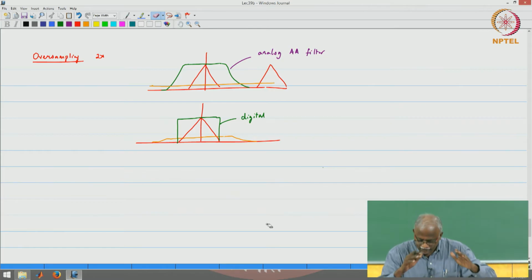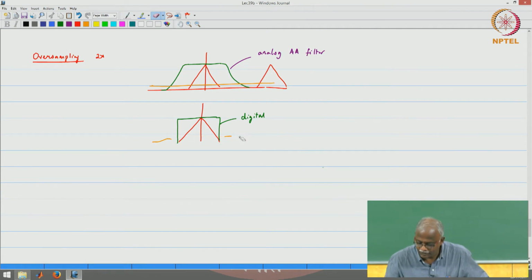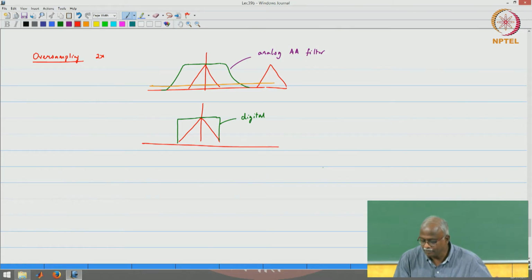That's a good question. The desired signal plus some unwanted signal is not necessarily quantization noise, you are correct. I have to be careful with this. What has been allowed by the anti-aliasing filter is some portion of the signal that is outside.